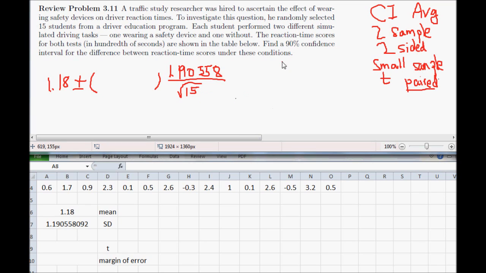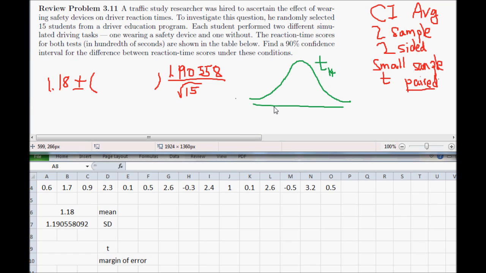So the last piece of information that we need is the area under the t-distribution. This has 14 degrees of freedom. Because it's now basically a one-sample problem, we just do n minus 1 for the number of degrees of freedom, 14. So, t-distribution with 14 degrees of freedom.